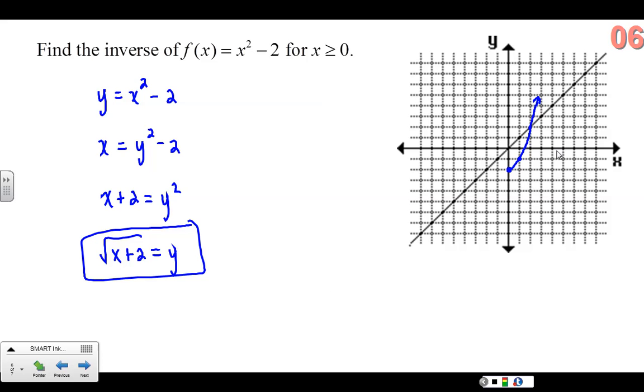We know that that is a 2 to the left shift. You notice we have a reflection across the line y equals x. I need to write this f to the minus 1, which is the inverse, is the square root of x plus 2.